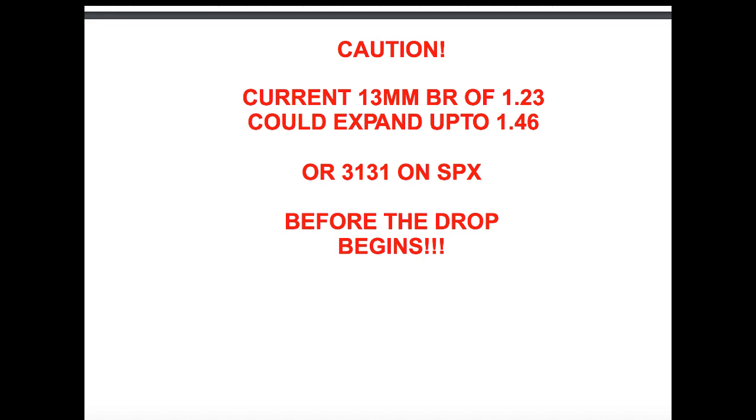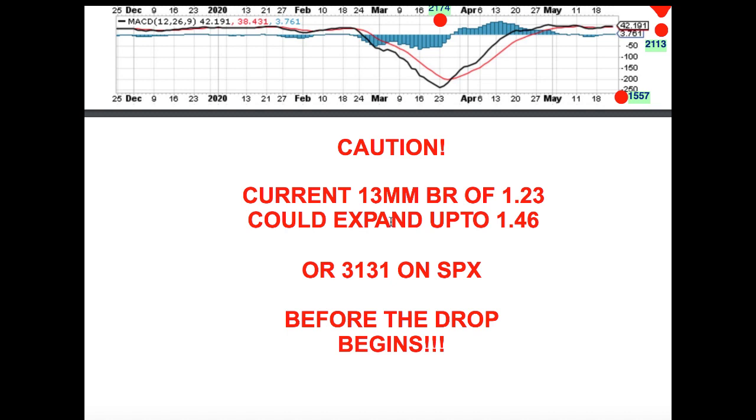That would put the S&P 500 at 31 before this big drop could actually begin. So we're literally within about 20 points from a possible top at a level of 3,000. We could still do an overshoot, as I was pointing out in some of the historic charts, and possibly get to a level of like 3,010, 3,020. But as a word of caution, the drop may not initiate right there and then.